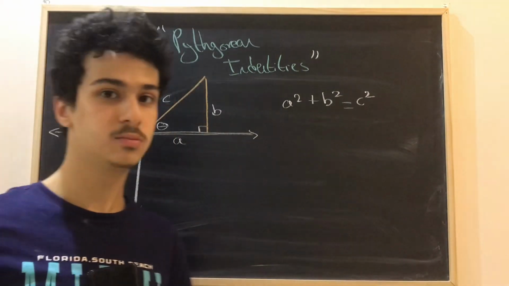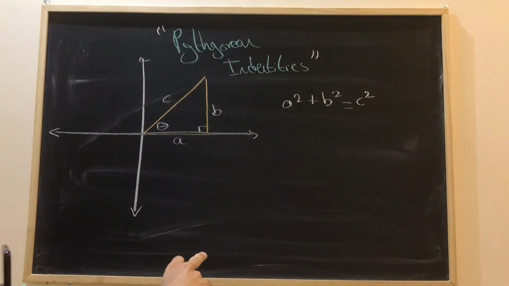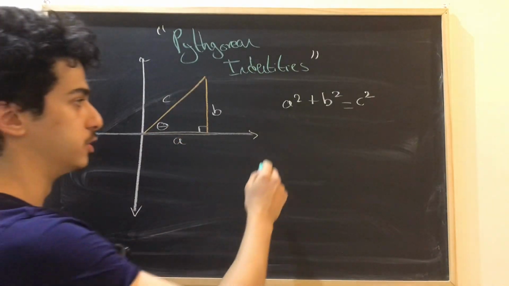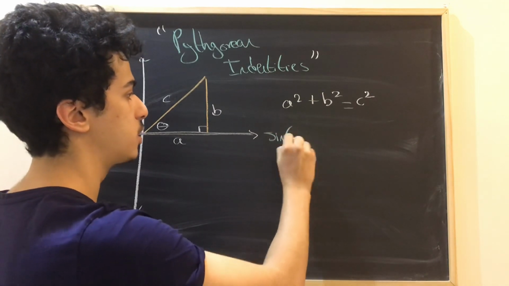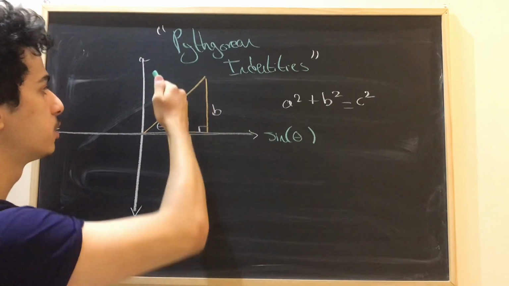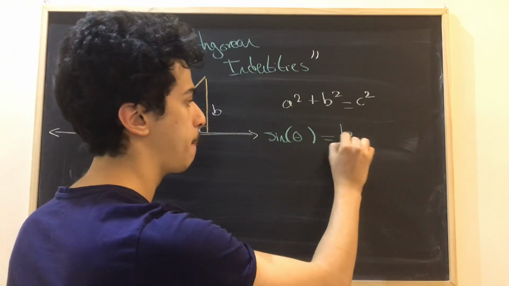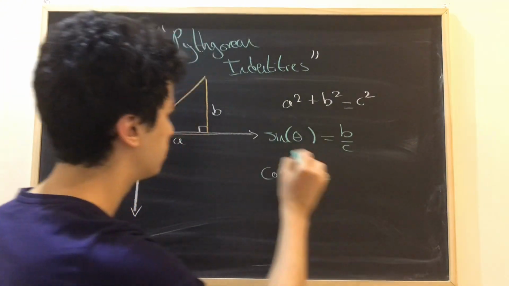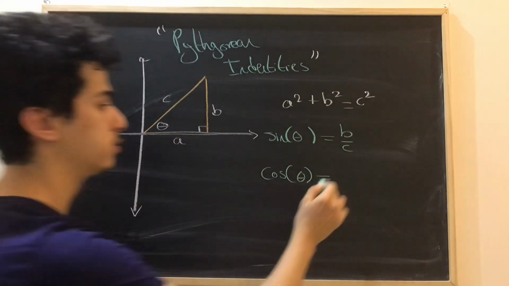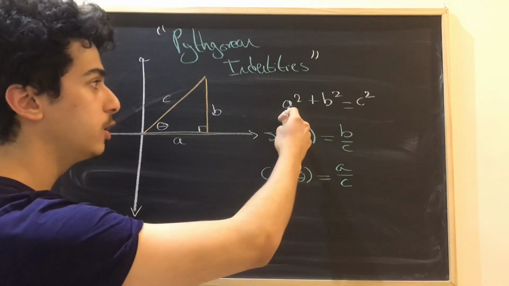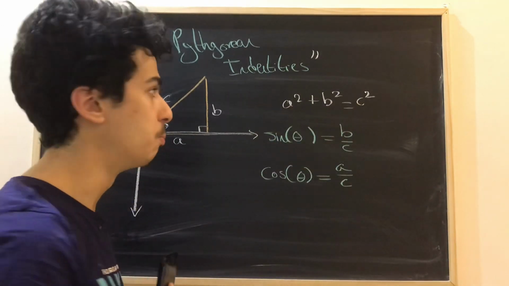Firstly, the sine of theta is opposite over hypotenuse, b over c. Now, the cosine of theta is adjacent over hypotenuse, so a over c. Now we're going to use the Pythagorean theorem.